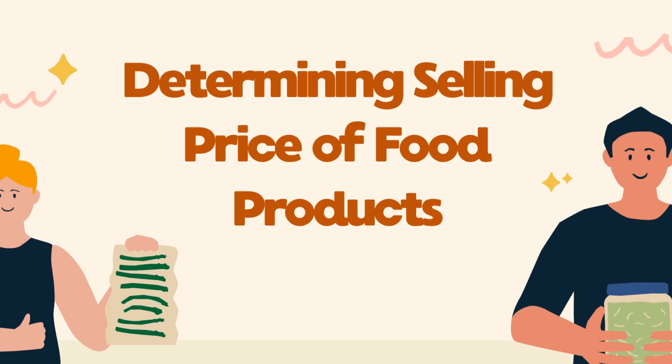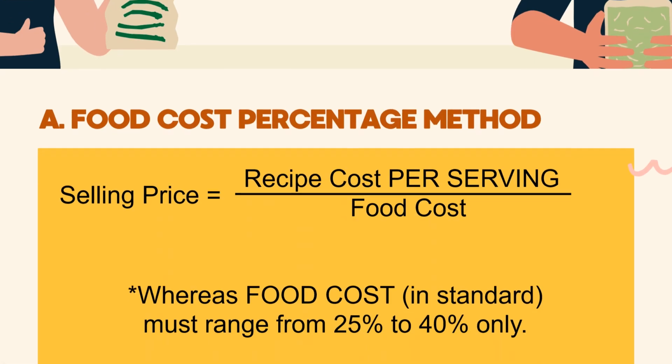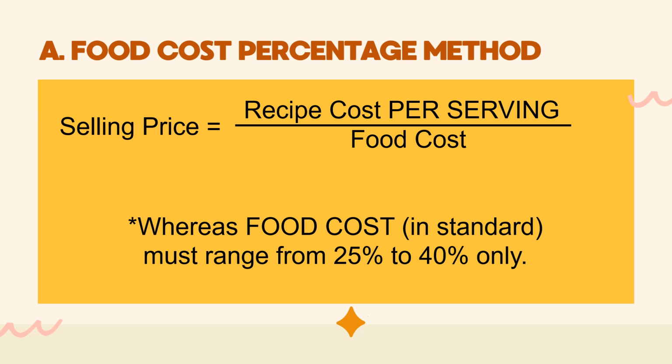Let's know what are the steps in determining selling price of food products. We have two methods in determining selling price. Number one is using the food cost percentage method.